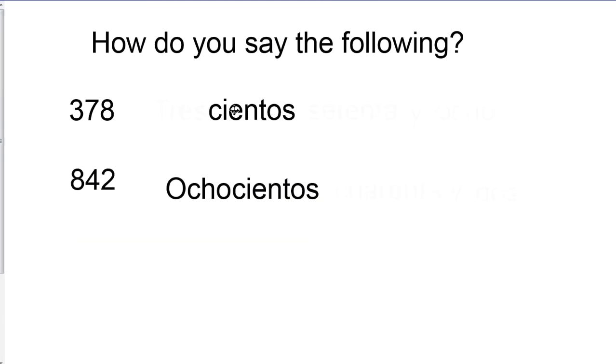Let's try one here. We've got 378. You guys are going to be able to see trescientos. We're going to have 70. The word for 70 was setenta. We need to have our word and here. And lastly, 8 is ocho.